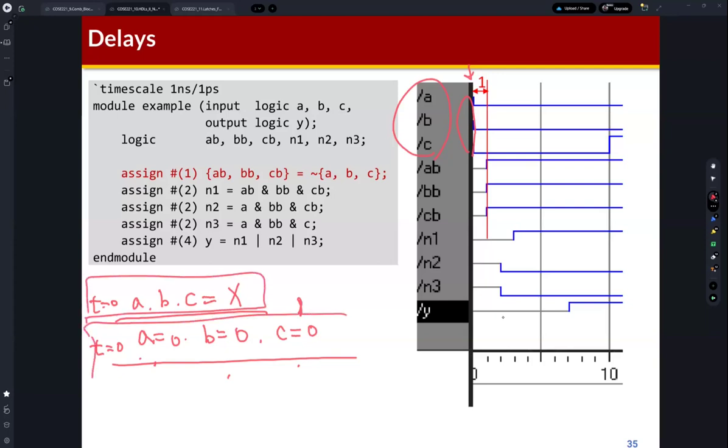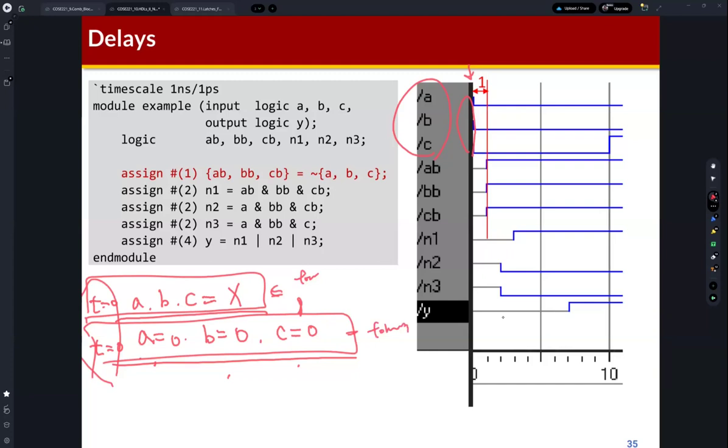Okay, so you can understand that SystemVerilog determines the order of signals, the order of change of signals. It means even though at the same t equals 0 the time is the same, this is the former event and this is the following event.